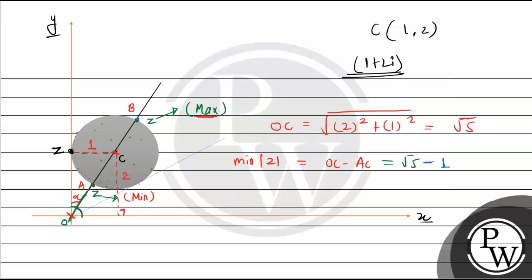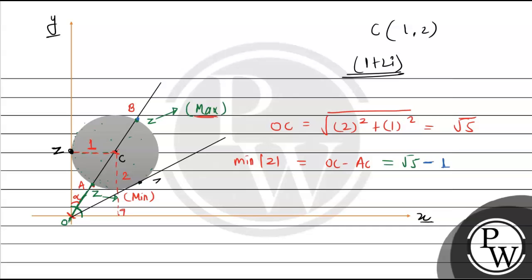Okay, a tangent to this circle, and this one will be having the minimum argument. Why minimum argument? Because see, this particular z which is touching this tangent will be having a point here, right?